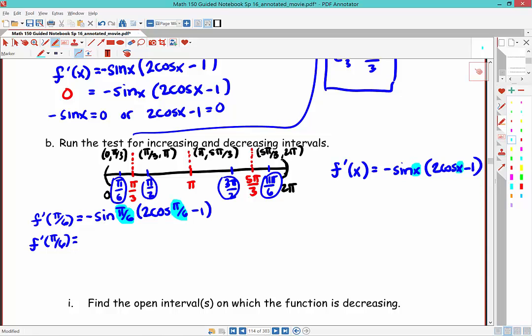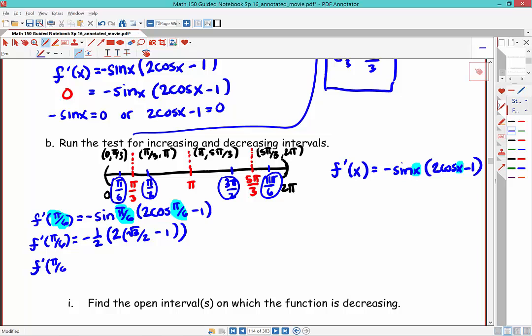So now sine at pi over 6 is a half, so we'll have negative a half times 2 times root 3 over 2, and then minus 1, which will give us negative 1/2 times the square root of 3, which is bigger than 1, minus 1.